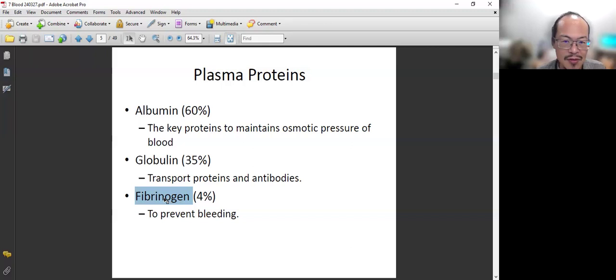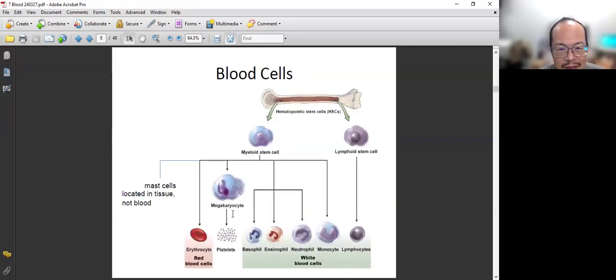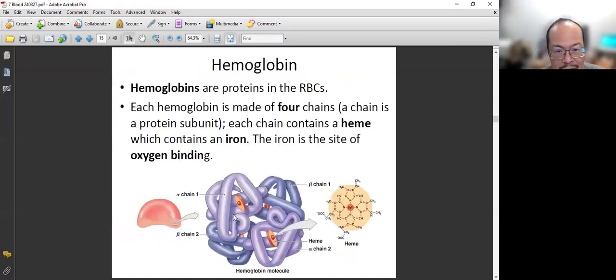Fibrinogen's function is to stop bleeding, and fibrinogen, just like platelets, doesn't easily get sticky. They don't attach to each other. As you can see, this is the inactive form of this protein. So fibrinogen will get activated.